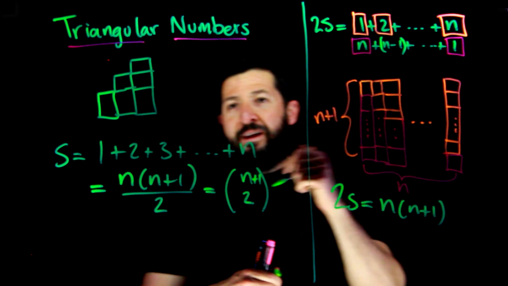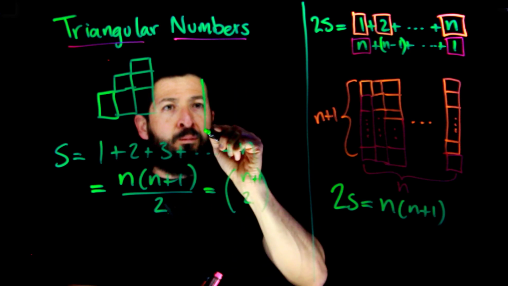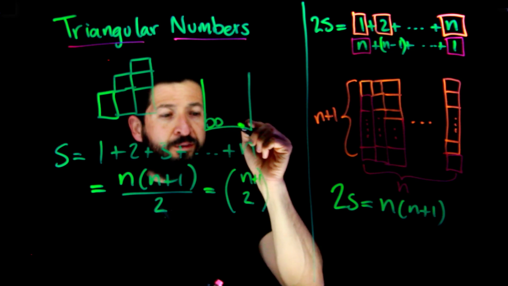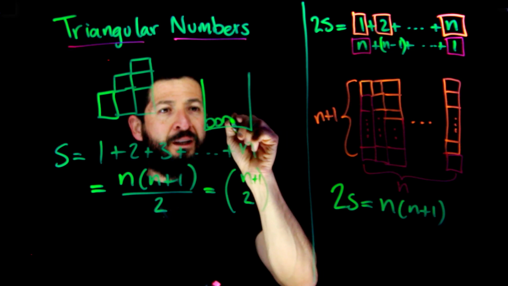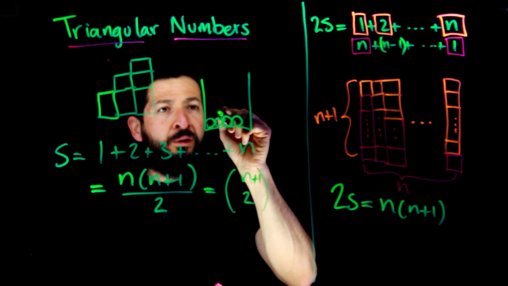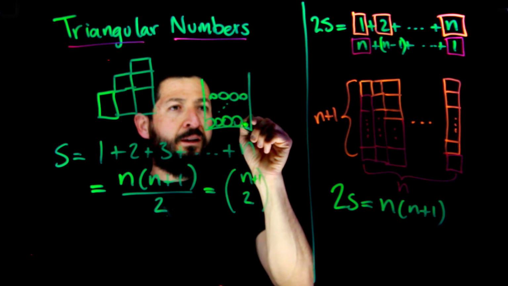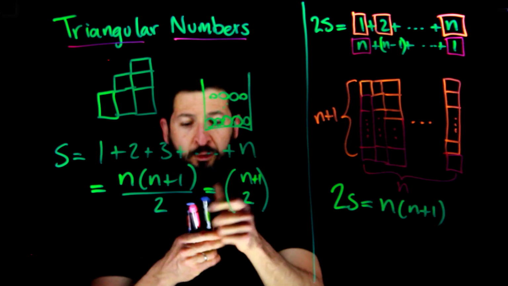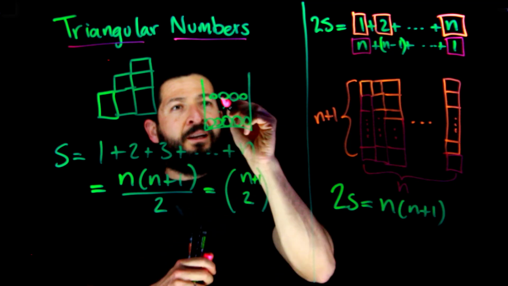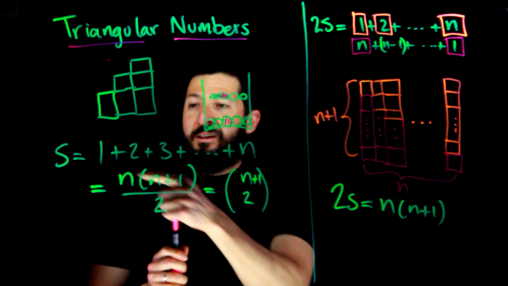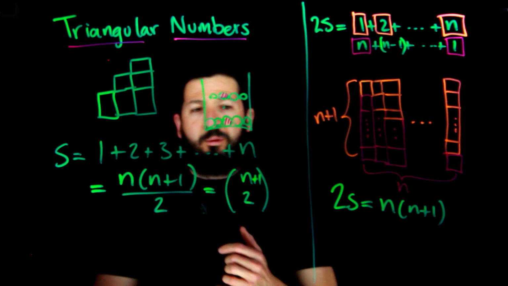So now you have a bag, let's say, or a box with, say, 5 objects. Let's say 5, n plus 1 objects, meaning, let's say we have n plus 1 balls, however many those are, and you're going to be picking 2 of them. So in how many ways can you pick 2? And that's going to be the same as this sum, 1 plus 2 plus 3 plus 4, all the way out to n.